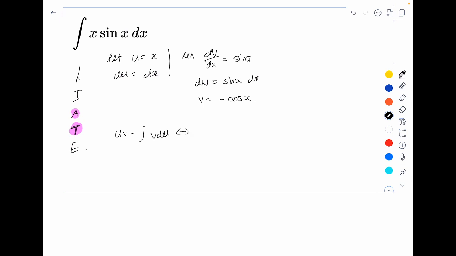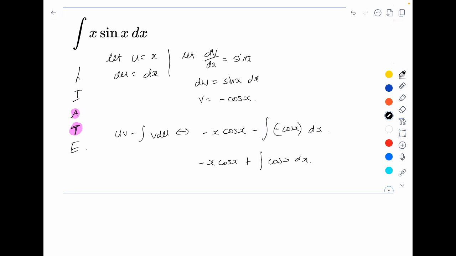Where do we go from here? Well, we've therefore got negative x cos x here minus the integral of minus cos x dx, and therefore we've got negative x cos x plus the integral of cos x dx.